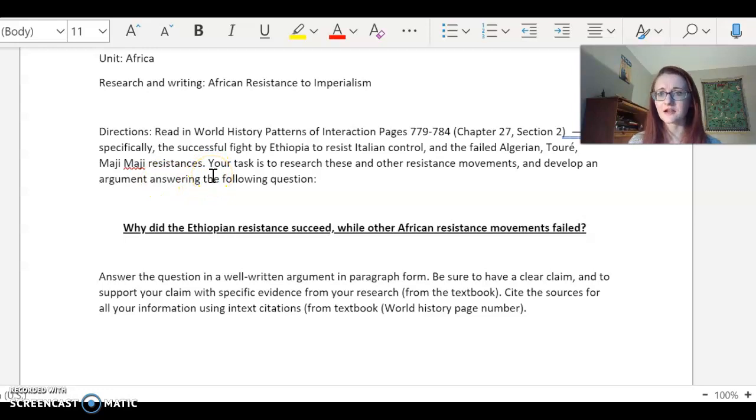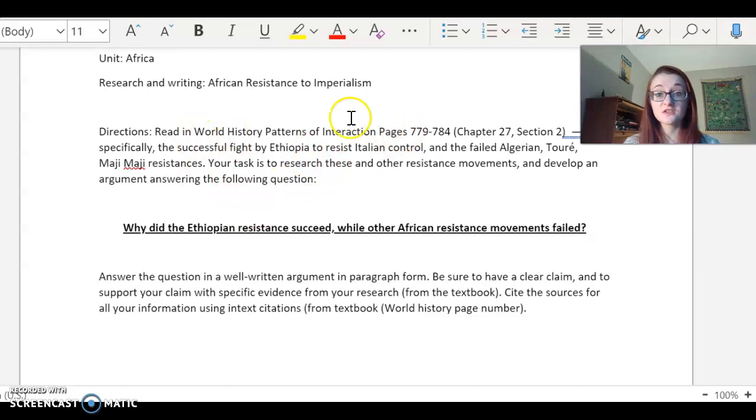Now, they all have a different story. The Maji-Maji in particular is really fascinating. It kind of reminds me of the Boxer Rebellion in some ways, which you'll see why it fails. So I don't want to ruin too much with that, but certainly take a look. And again, it's in the African resistance part in that section.